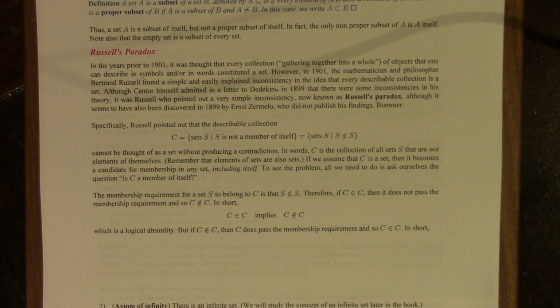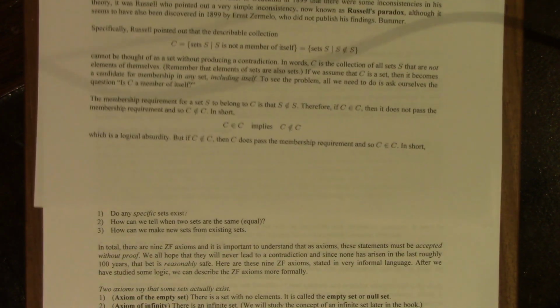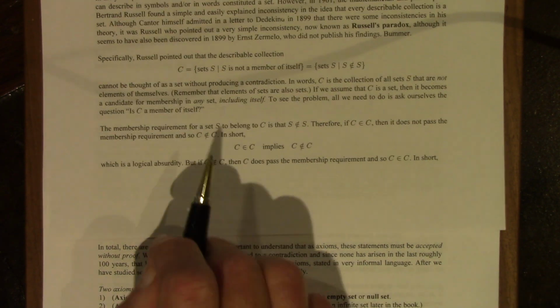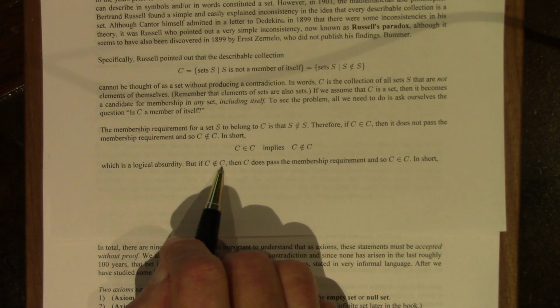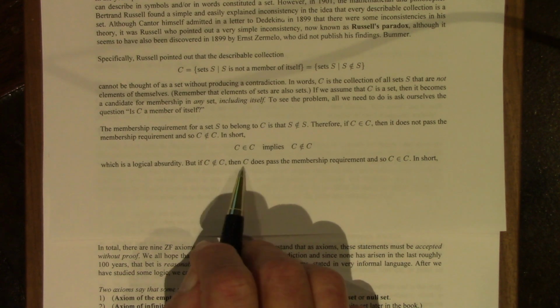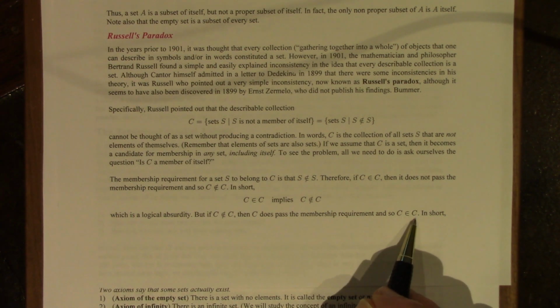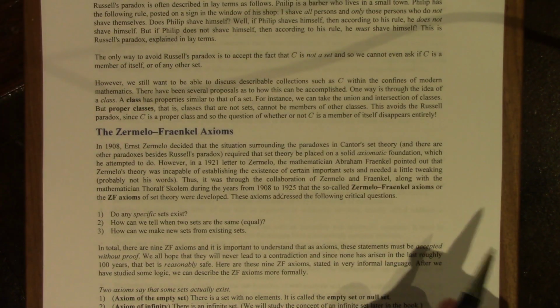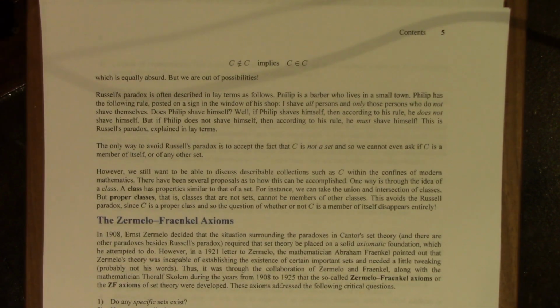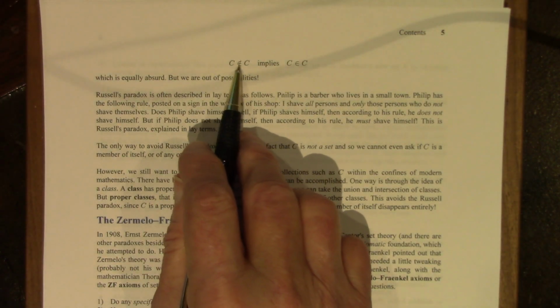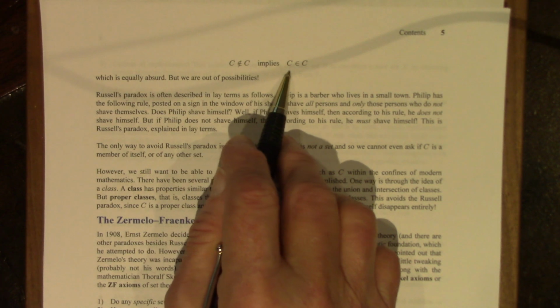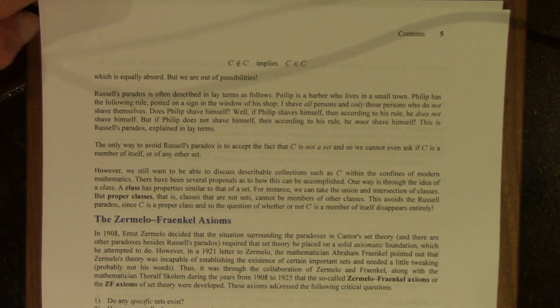Well, that's absurd. On the other hand, if C is not in C, not in itself, then C does pass the membership requirement and therefore must be a member of itself. So we have an equally absurd statement: C not in C implies C is in C. But we're out of choices.